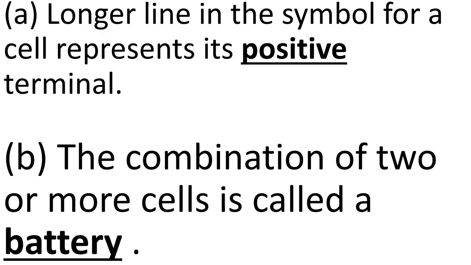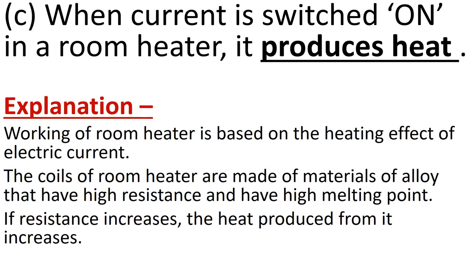B. The combination of two or more cells is called a battery. C part. When current is switched on, in a room heater, it produces heat.